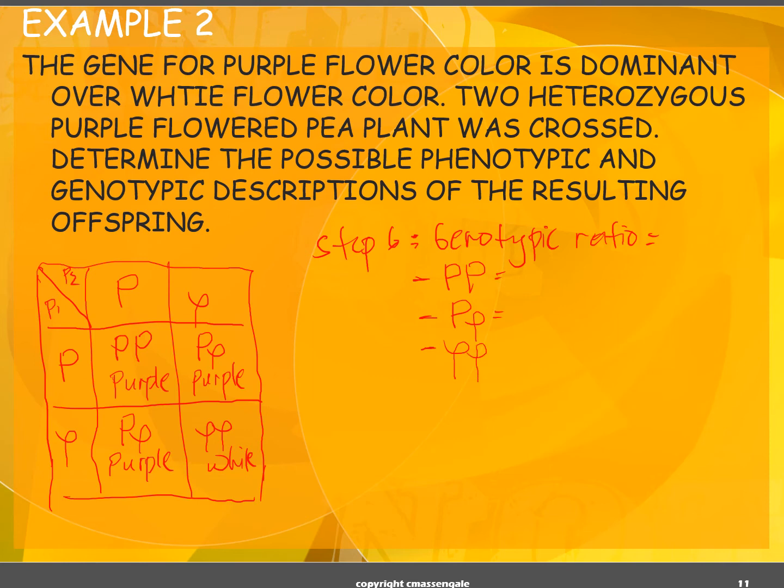Now let's look at the result of our Punnett square. Capital P capital P, ilan ang capital P capital P dito sa ating Punnett square? Ito siya, merong isa. So isusulat natin dito ay 1. Okay? And then next, this one, capital P small letter p, heterozygous.